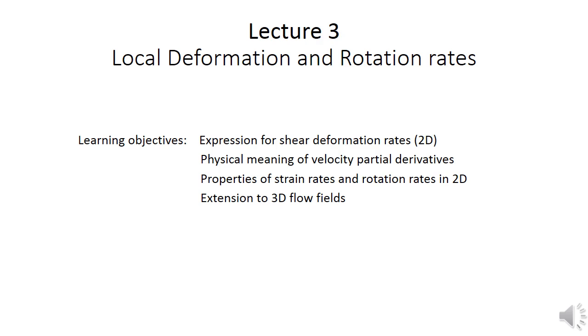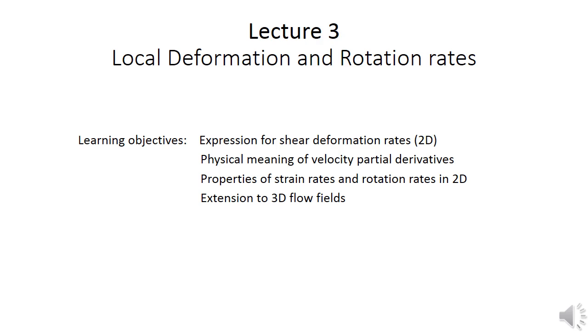Then we will have a look at the physical meaning of velocity partial derivatives. Can we extract some physical meaning from the ideas of local deformation and rotation rates that we have discussed?